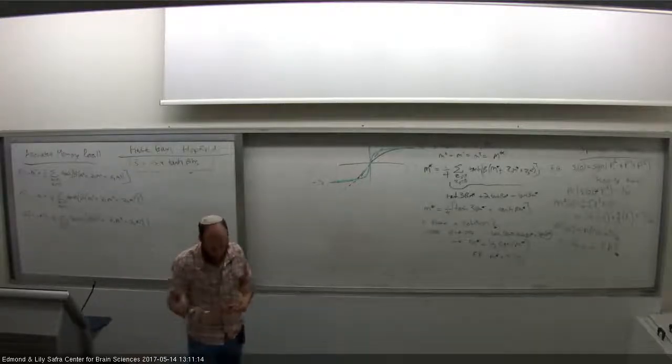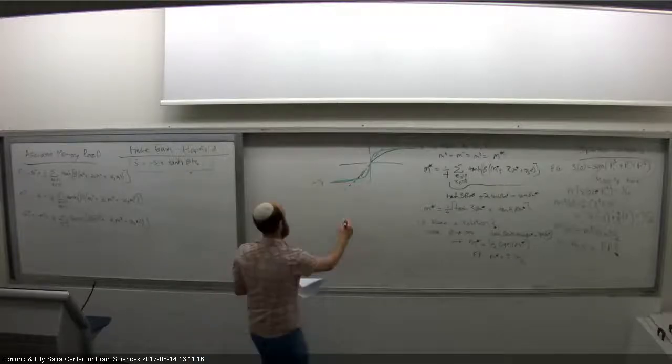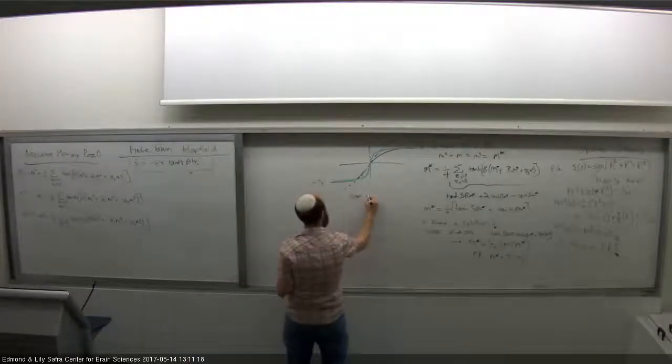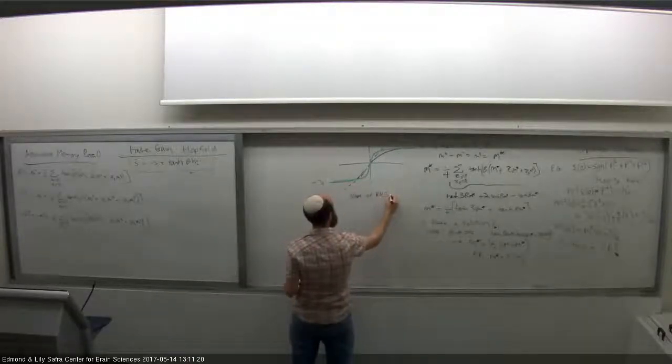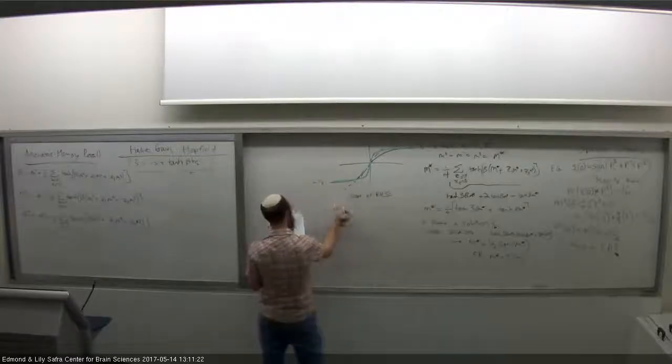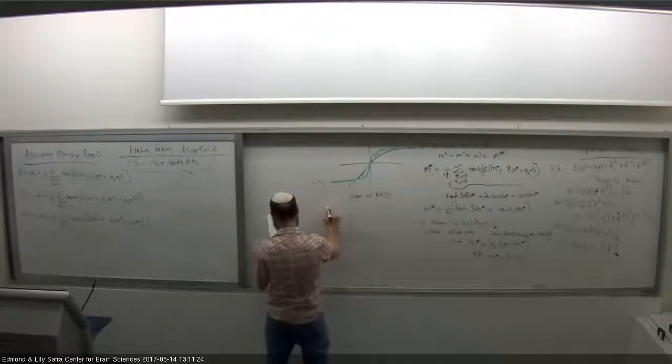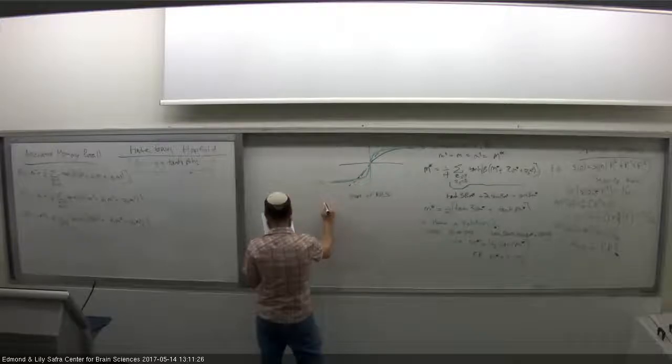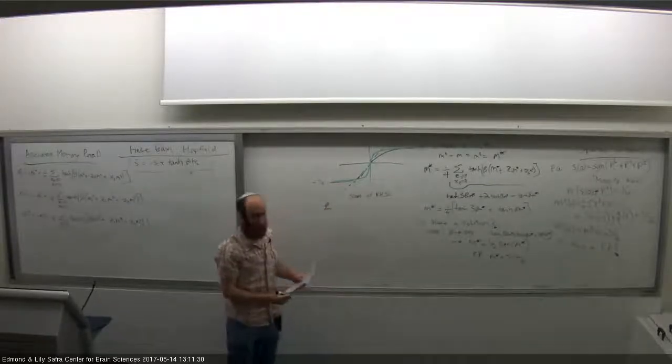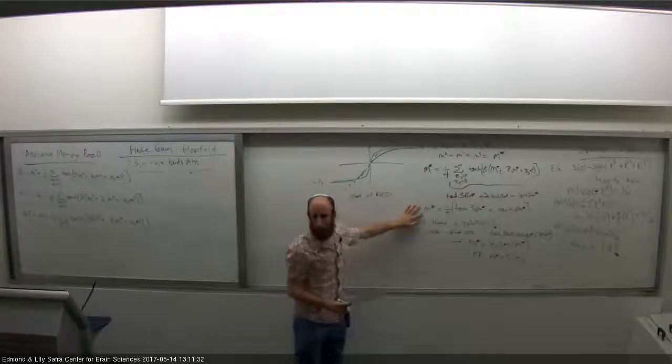So let's check the slope of the right-hand side, now looking at this equation for finite beta.